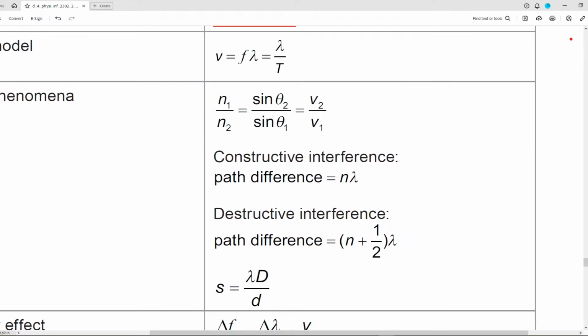So the first one is called Snell's law. This one. I will not label what they are.